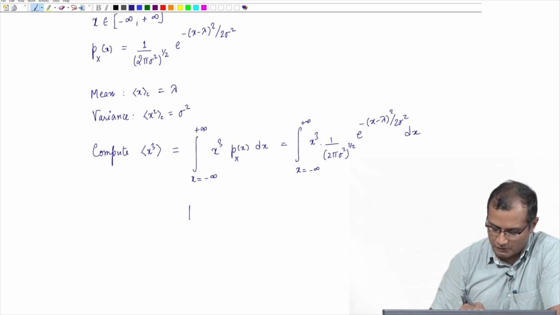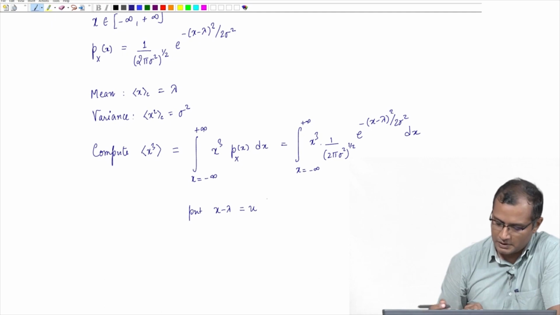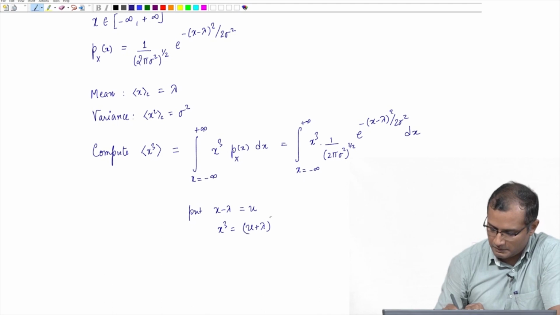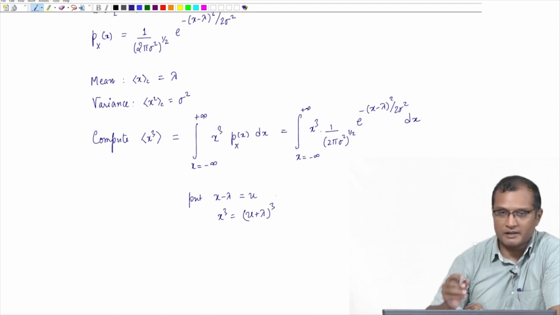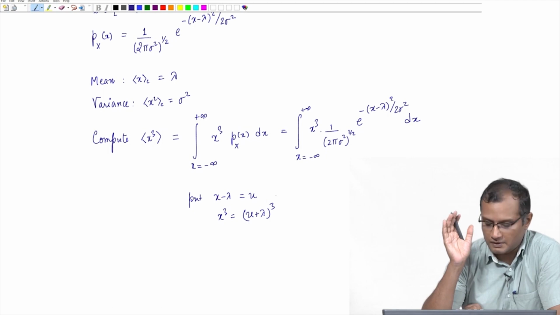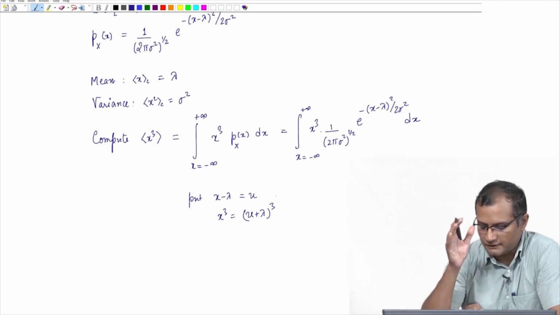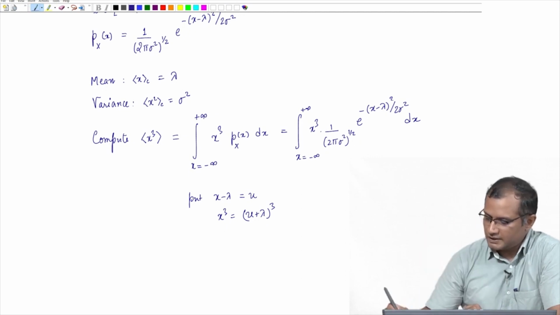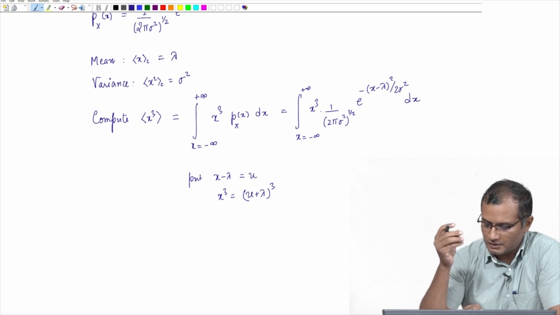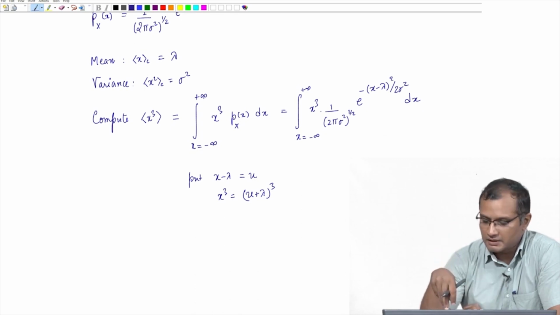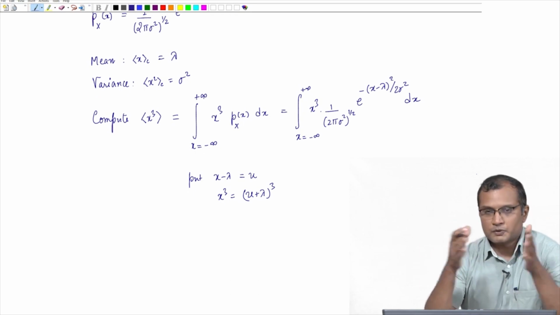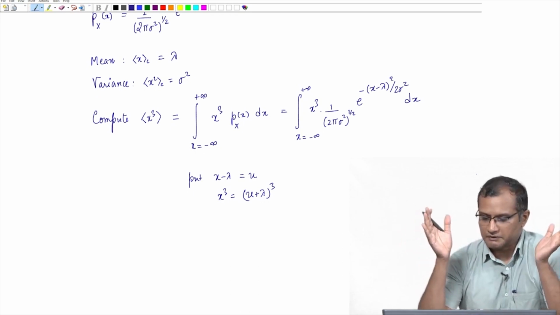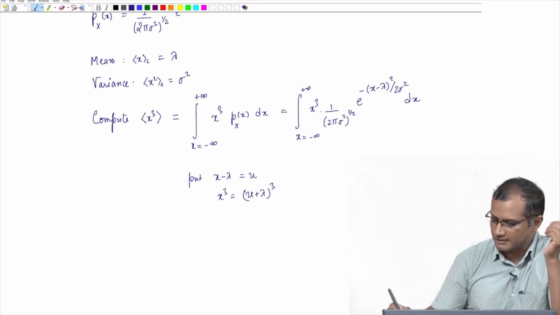If you put x minus lambda as some u, then your x cube becomes (u plus lambda) the whole cube, and you simply expand it in a polynomial. This is a polynomial of order 3, so you will have multiple terms in the expansion of x cube, and you split it up into the various parts, complete the integral and get the answer.